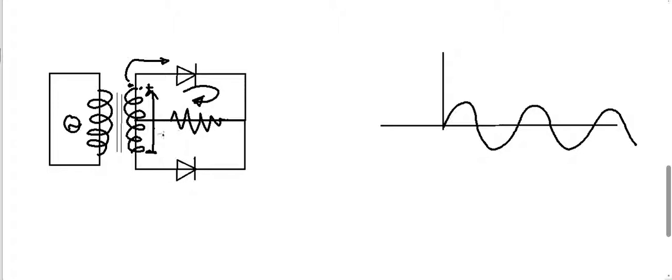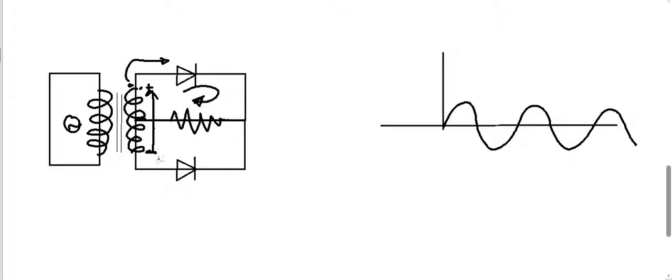But in this first half, what will happen to this other diode? Because the potential is increasing like this, the P side is connected to the lower potential and the N side is connected to the higher potential, the relatively positive side.